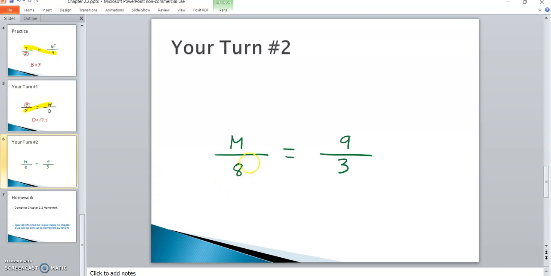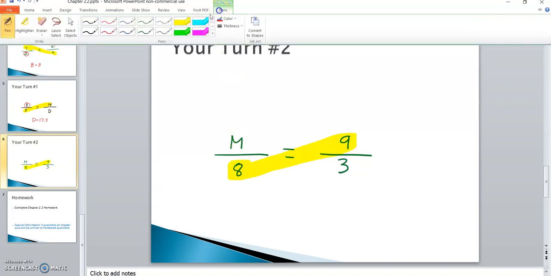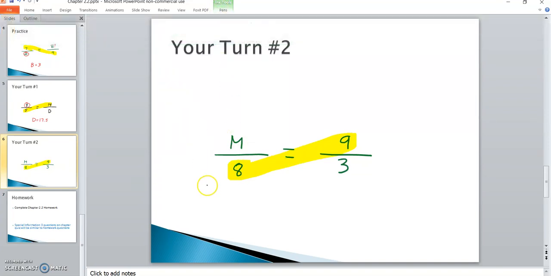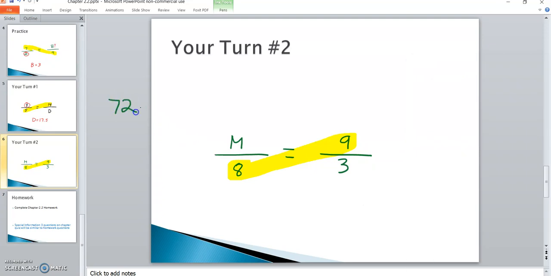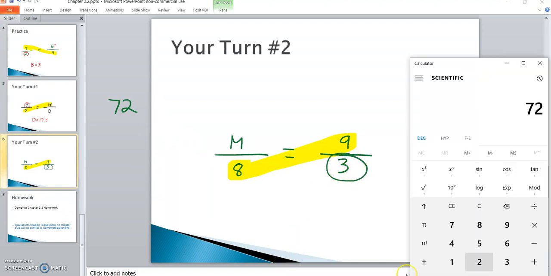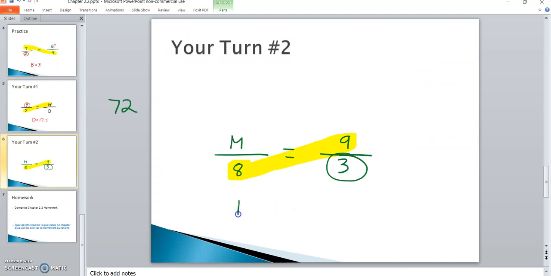Okay, so in this one, the two numbers that are diagonal from each other are the 8 and the 9. So when we multiply those two, 8 times 9 is 72. And then we're going to divide by the last number, which is 3. And so our answer is 24. So M equals 24.